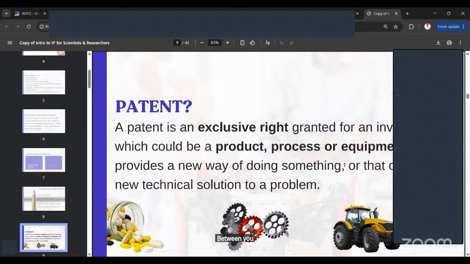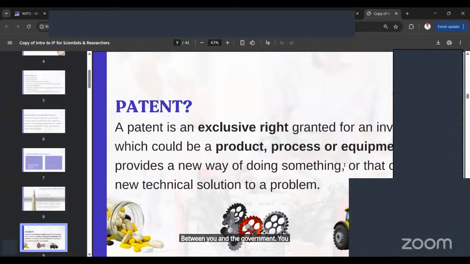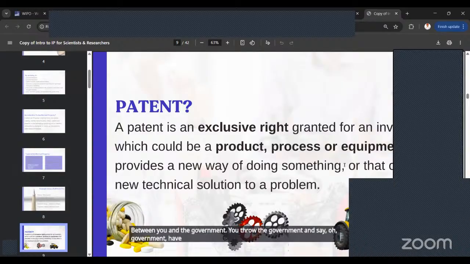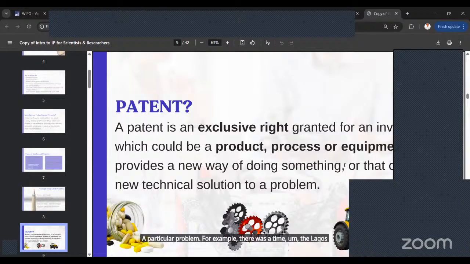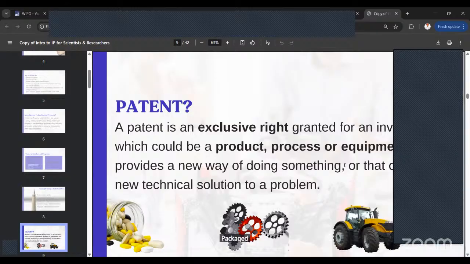And just like Rakesh said, he mentioned that a patent is like a trade by barter between you and the government. You tell the government, oh, government, I have a proposal. There's this invention I'm working on, and this invention is going to solve a particular problem. For example, there was a time the Lagos government banned styrofoam. This styrofoam, those plastics that we use to package food or buy food outside, right?